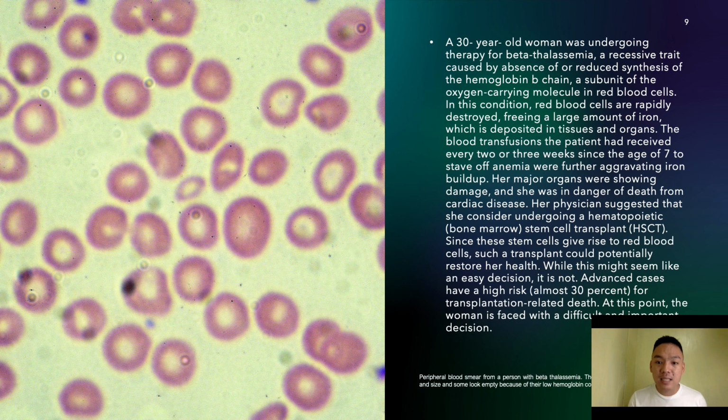So this disease, beta thalassemia, is a rare group of inherited blood disorders. These forms of thalassemia are caused by reduced or absent synthesis of the beta chains of your hemoglobin, which results in a variable presentation ranging from severe anemia to clinically asymptomatic individuals.